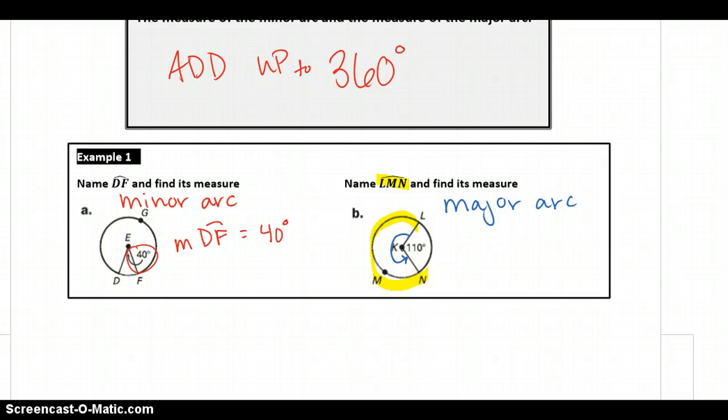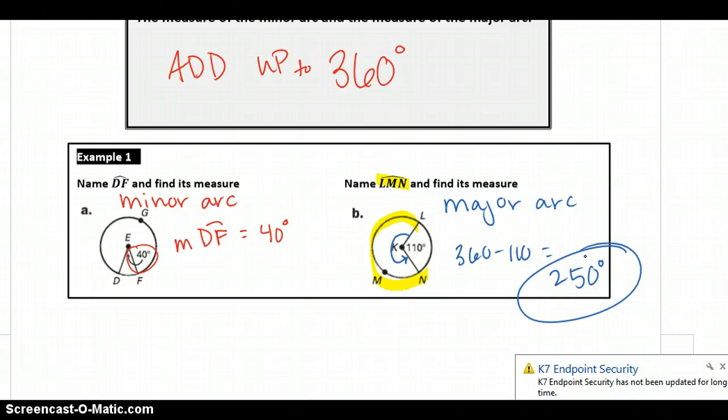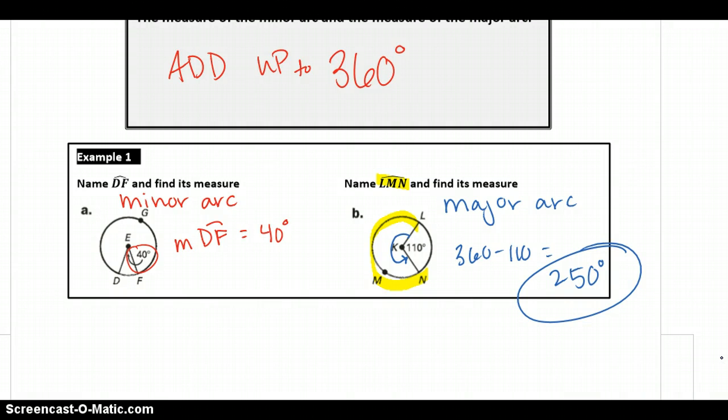Yes, we know that the major and minor arc add up to 360. So we can do 360 minus 110, which gives us 250 degrees. Questions? All right, next page.